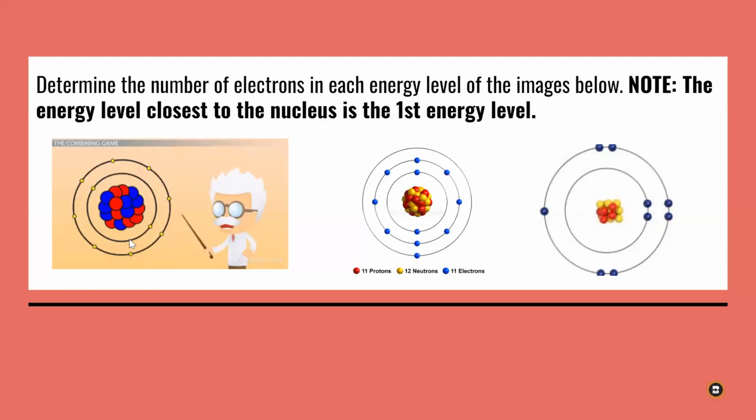This one, hopefully, you see 2 electrons. The yellow ones are the electrons. There's 2 here. This one, 1, 2, 3, 4, 5, 6, 7, 8 electrons. This one, there's 2. This one, there's 8. Then the third energy level has 1. Then this one, there are 2. This 1, 2, 3, 4, 5, 6, 7.